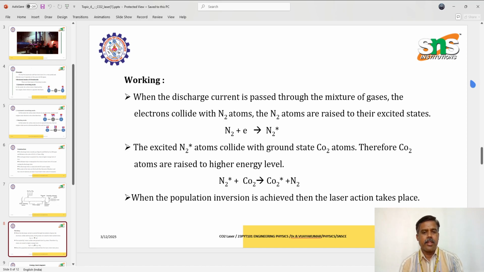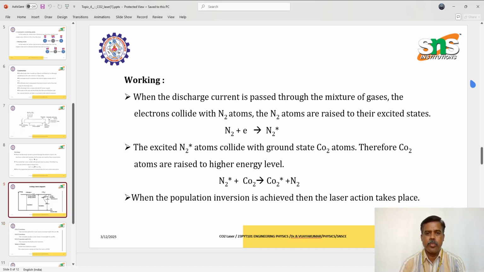The excited nitrogen atom, N2 star, collides with a ground state CO2 atom, and the CO2 reaches the higher energy level CO2 star. So N2 star plus CO2 gives CO2 star plus N2. When population inversion is achieved, laser action takes place.